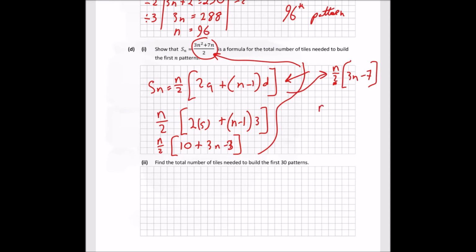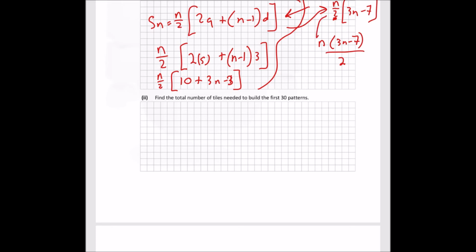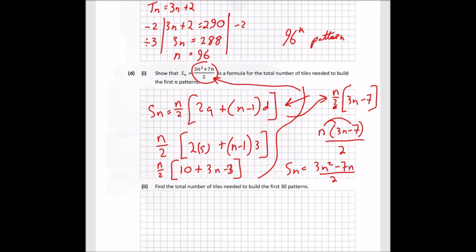So we have n times 3n plus 7, over 2. So from here to here is the exact same. And then we just multiply the n by the 3n and the n by 7. And we get 3n squared plus 7n all over 2. And that's our Sn formula. And there we go. And, well, there it is up there as well.